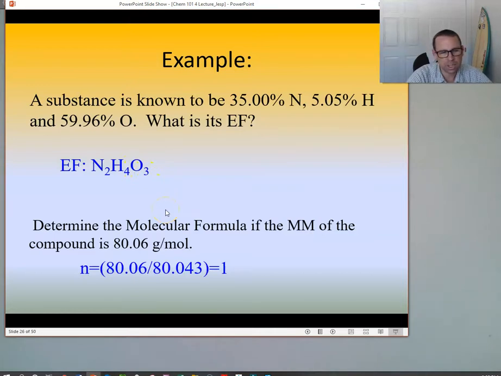Right? And that's possible. It's possible for the empirical formula to actually be the molecular formula. And we knew that because we found that the empirical mass was the same as what they gave as the molecular mass.